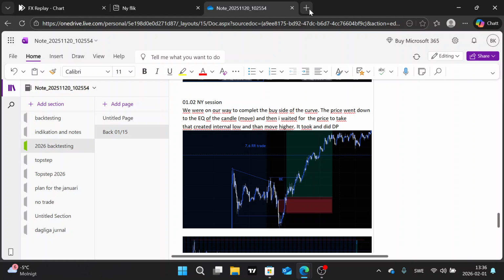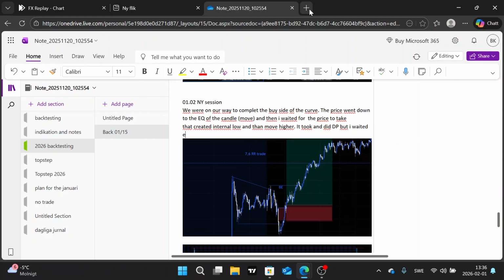It took and did displacement, but I waited even more for the price to go to the fair value gap and then move up.